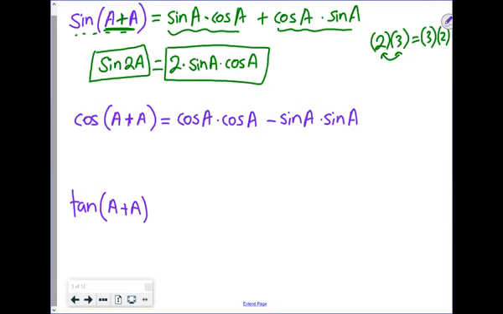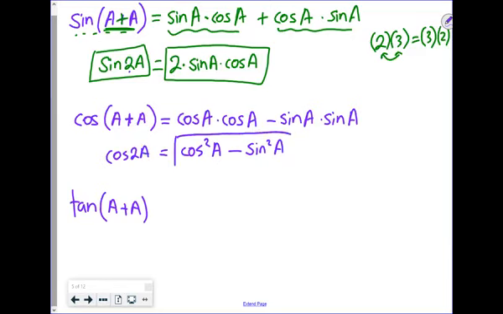So what have I got here? Oh, they're not the same. This is something times itself, so it's squared. This is cosine squared of A minus sine squared of A. So that's what we call the double angle identity. This is the double angle, cosine of 2A.